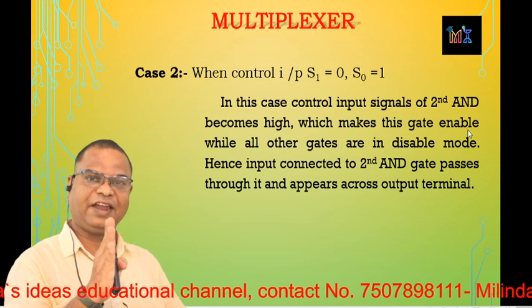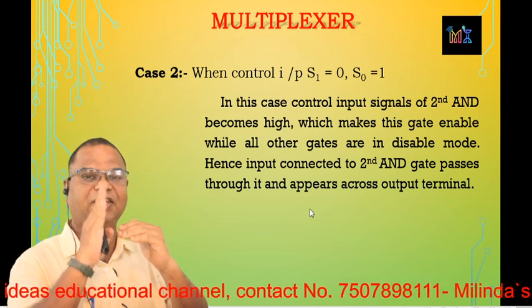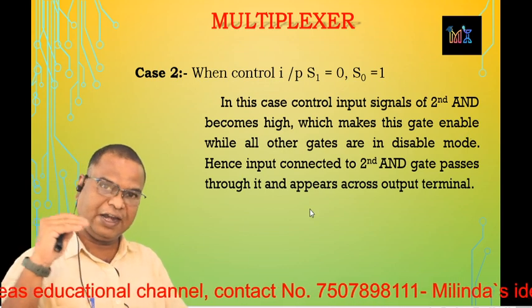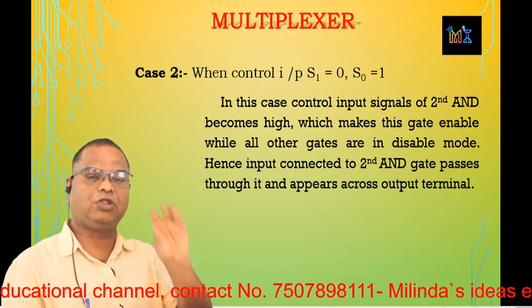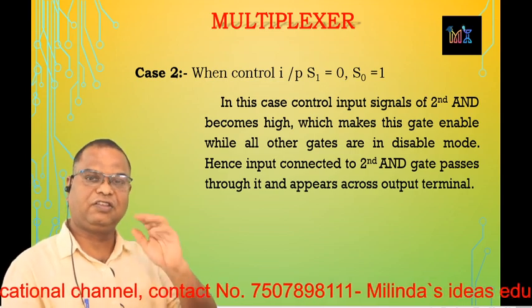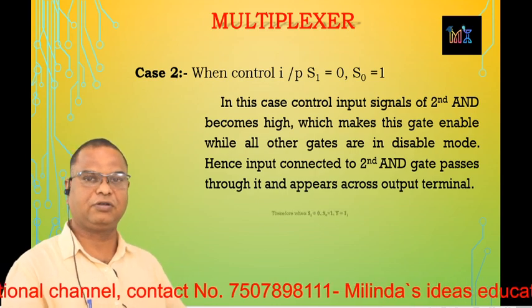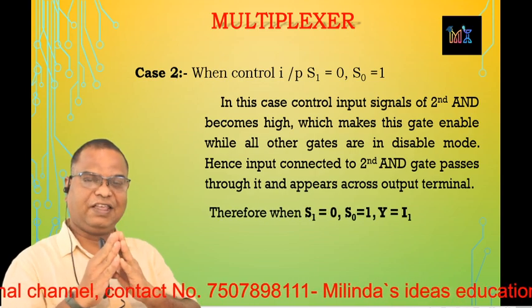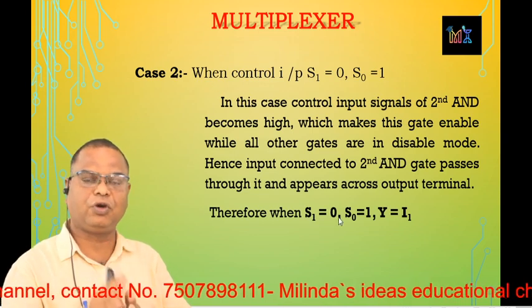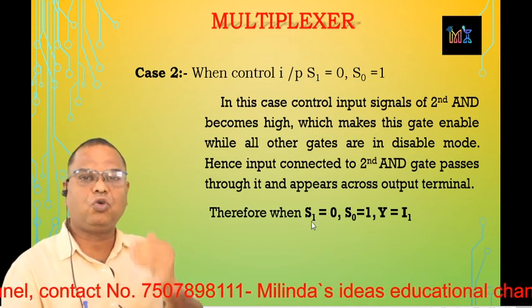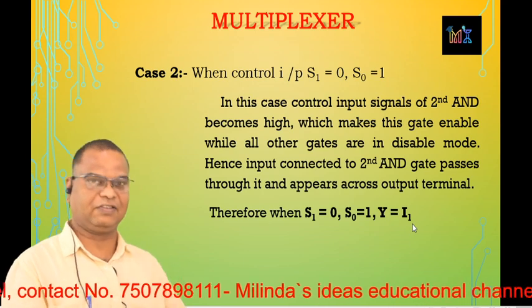So the second AND gate is in enable mode, and the data connected to this gate, that is I1, is now selected and fed to the output terminal. So in this case, when S1 is equal to 0, S0 is equal to 1, Y is equal to I1. That is the second case.